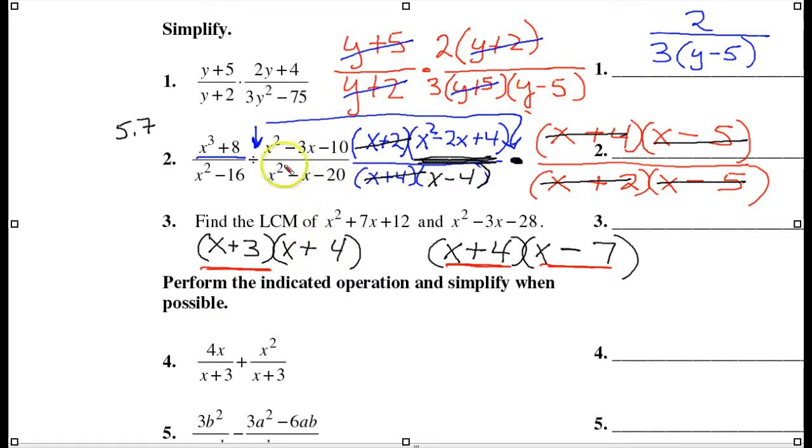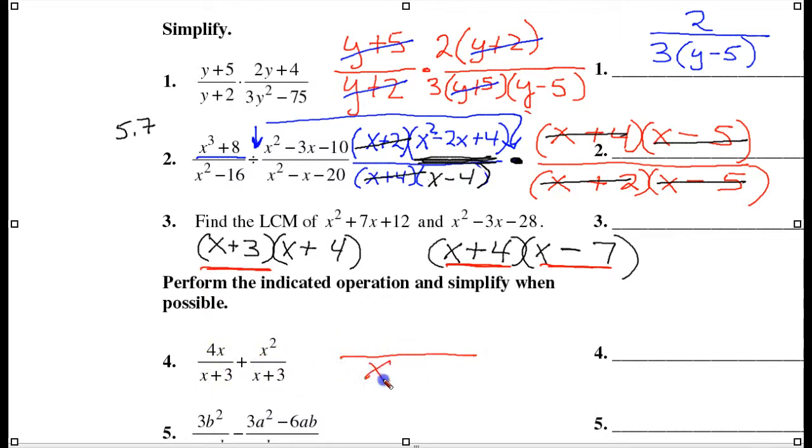That's another strategy. Okay, here we have two fractions, and the rule for adding fractions, there must be the same common denominator, which they have.